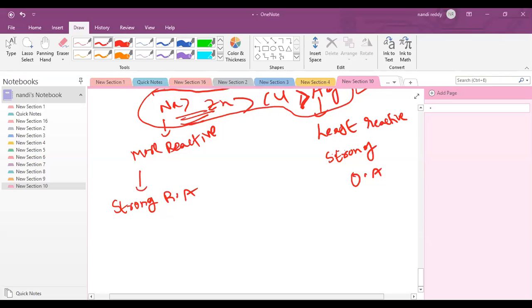The page number is 279, Redox Reactions, page number 279. This is called the electrochemical series, given as table 8.1, the standard electrode potentials.